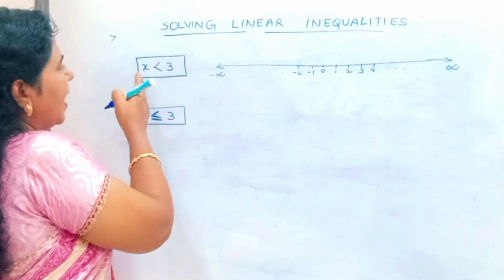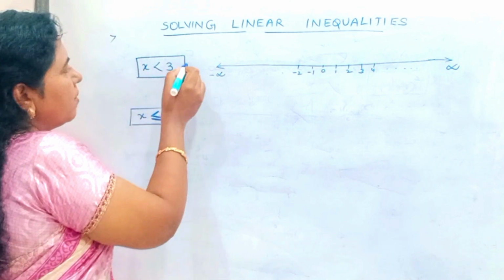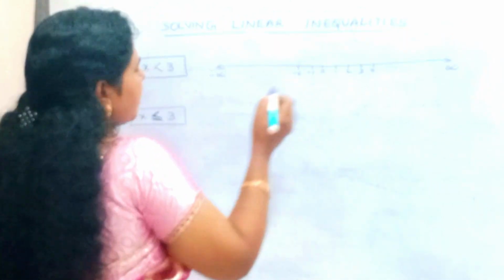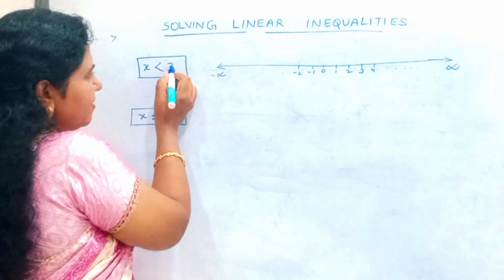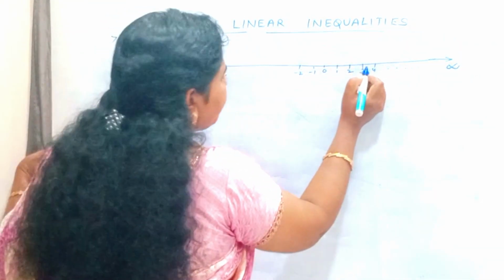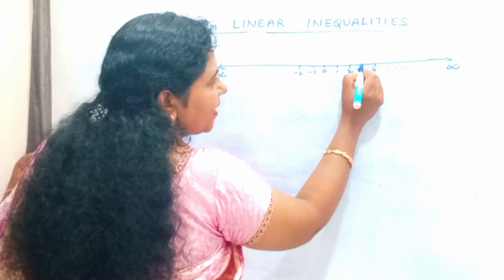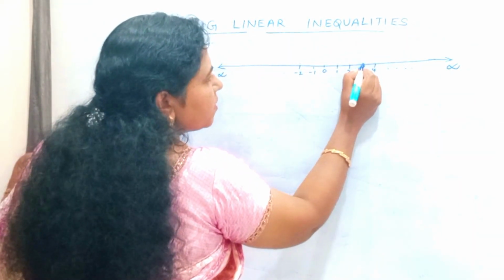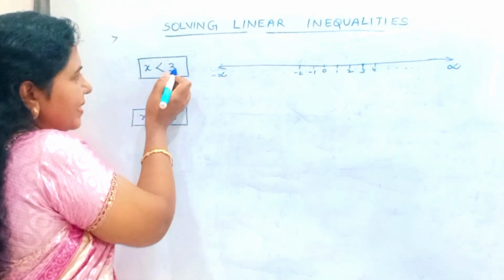Okay, so now x is less than 3. So first, in order to bring out this relation in this number line form, first we have to see what is the value. So it is 3. So we can find out where we are having that value. So it is plus 3. So it is on the right hand side. So it is this point. So we have found out this value, and x is less than 3.